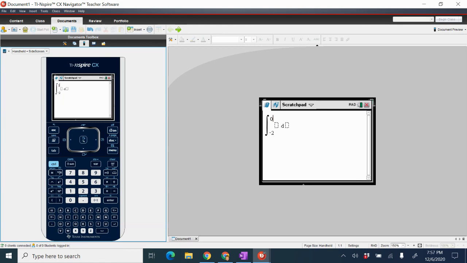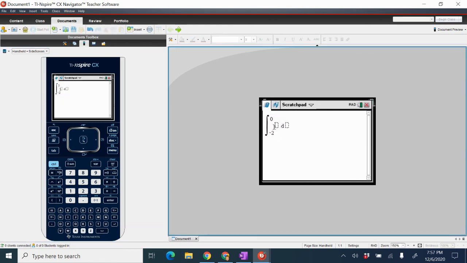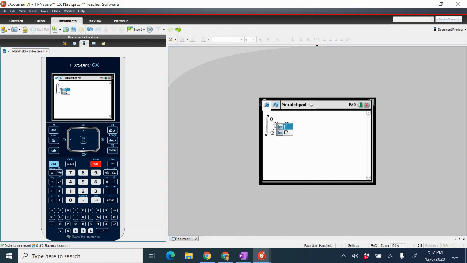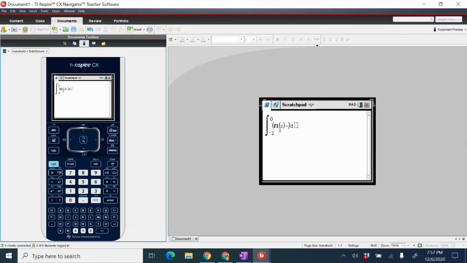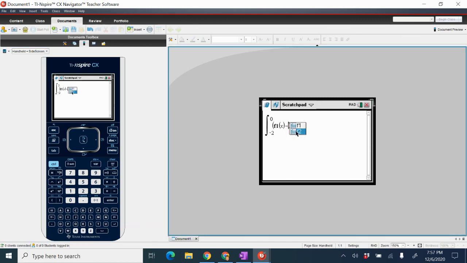So to get the functions where we have them already, you go to var, and I'm going to do f1 first. I have to type in an x, minus var f2 of x, and I'm going to put the dx after it, and we're going to do this all in one calculation. Make sure you get the big cursor, plus.